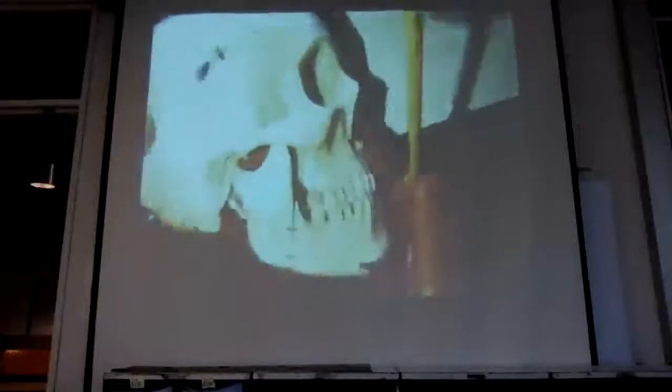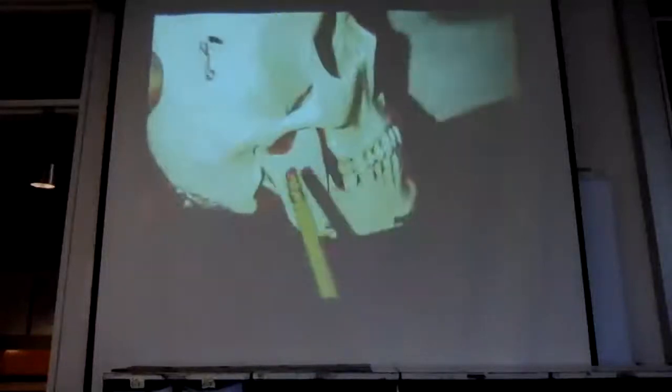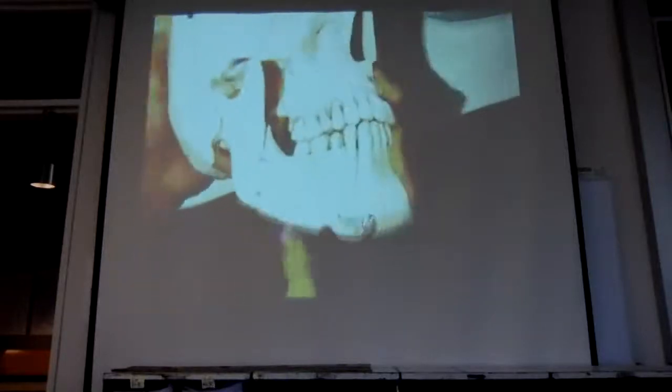Wish I could get the lighting right. Okay, so this is the medial pterygoid. This is the lateral pterygoid. This is from an inferior view. Okay, laterally, medial pterygoid is more superior.